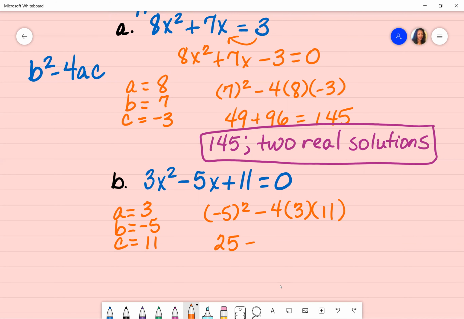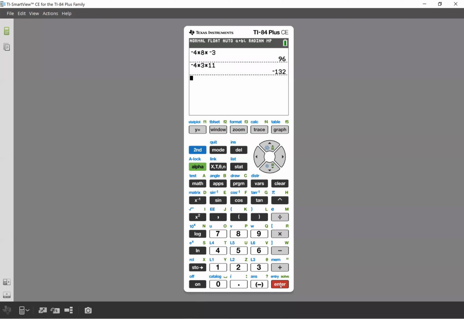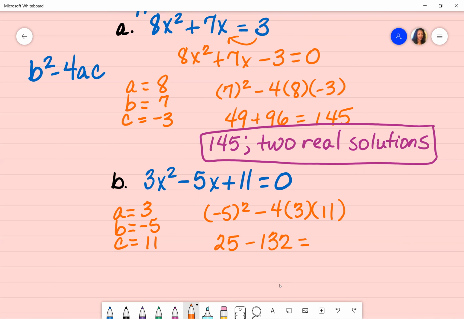All right, so we already got the negative there. And now we take that negative 132 and we add 25 to it. And that gives us an answer of negative 107. Let me make sure I did my math right here. So negative 107 is my discriminant.